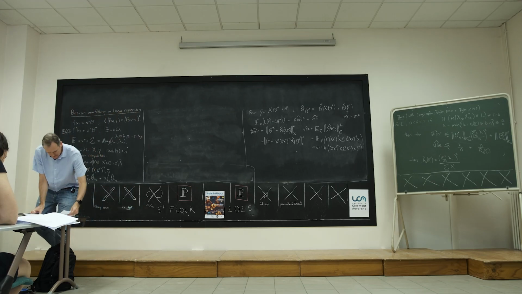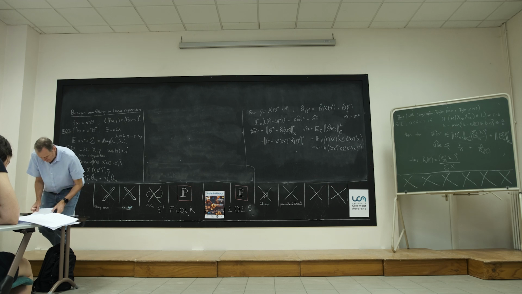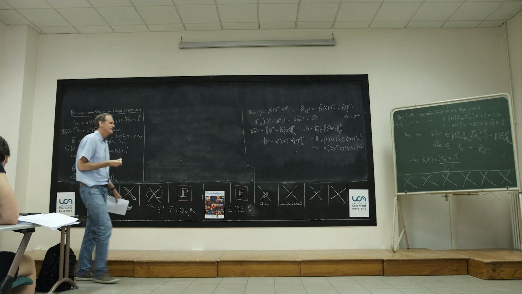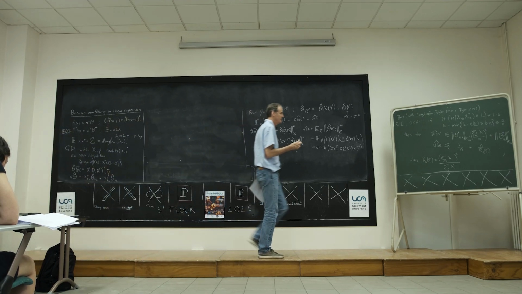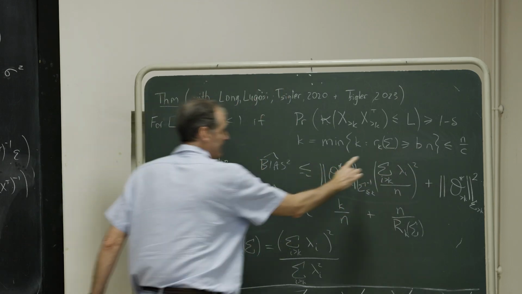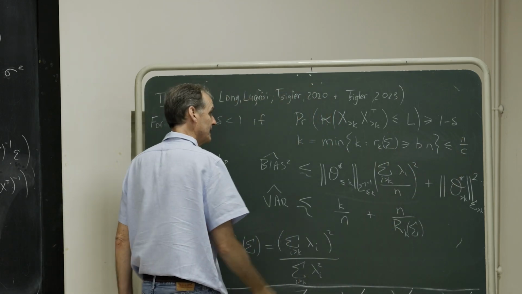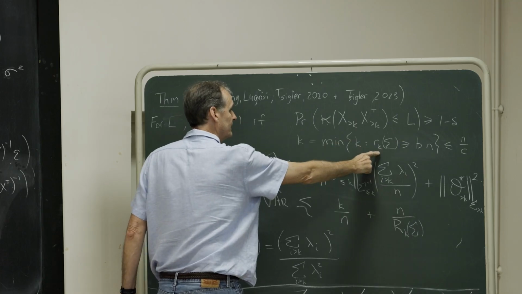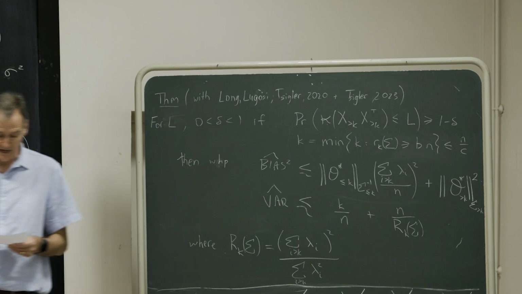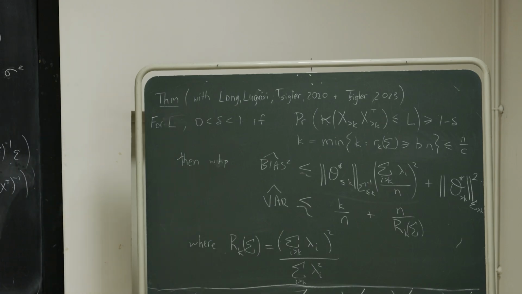Okay, so let's think about that. This little Rk expression says we want that effective rank to be big compared to sample size, right? And that k better be small compared to the sample size. We get a variance here, k over n, that looks like the classical thing we'd get if we were just estimating in k dimensions.